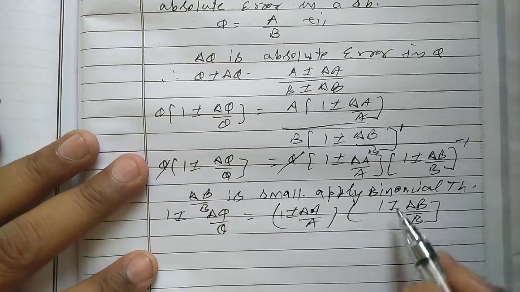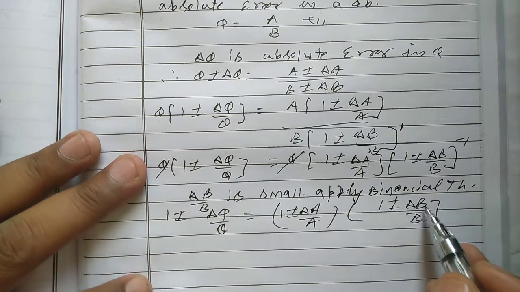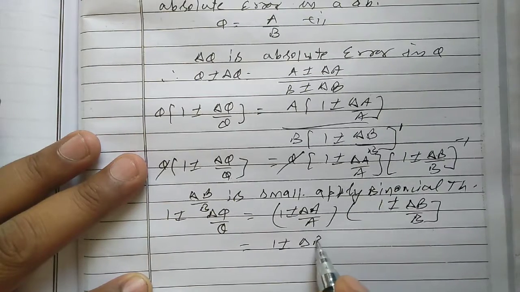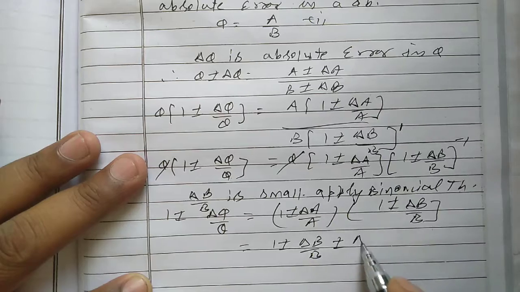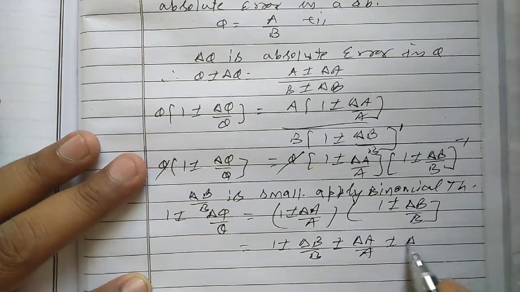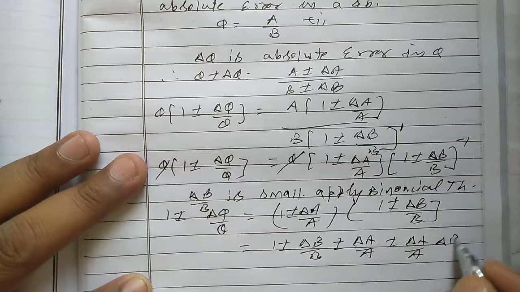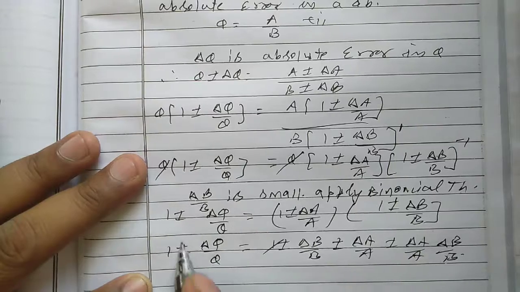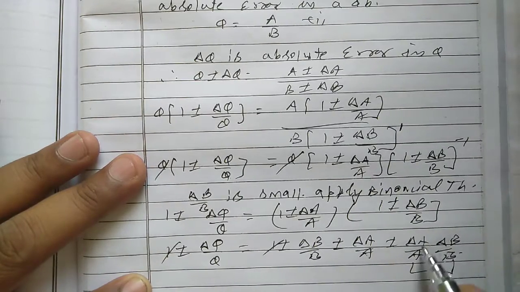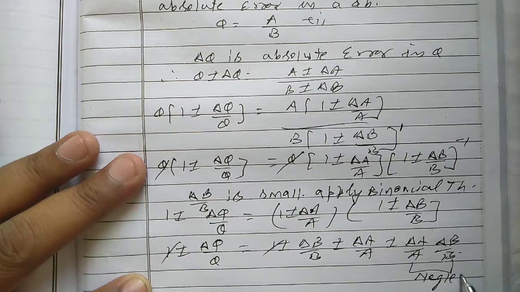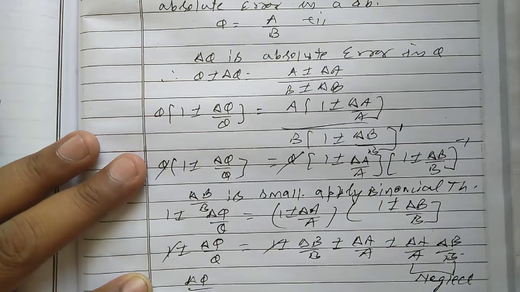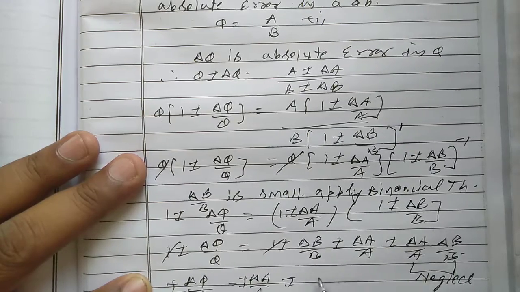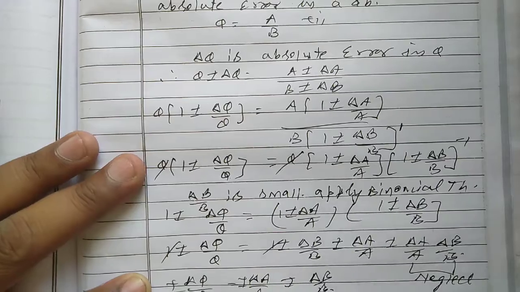This is plus minus, so we will get plus minus delta b upon b. Multiply these two terms, we get 1 plus minus delta b upon b plus minus delta a upon a plus minus delta a upon a into delta b upon b. This last term is very small, so it will be neglected. So now we can write delta q upon q equals delta a upon a plus minus delta b upon b.